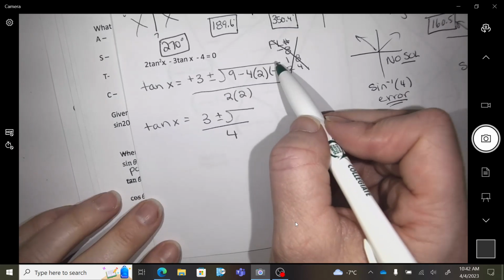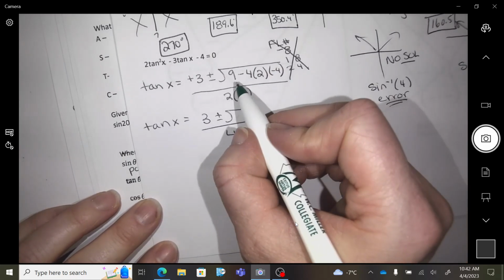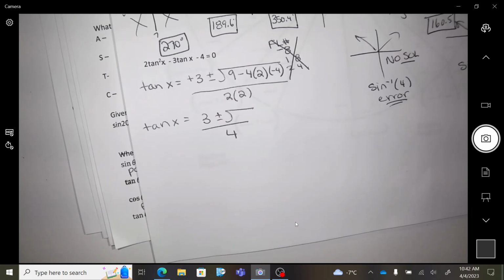Okay, I would like you to do this root part in your calculator. So go 9, subtract 4 times 2 times -4.